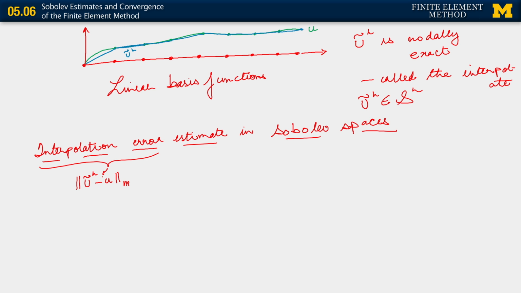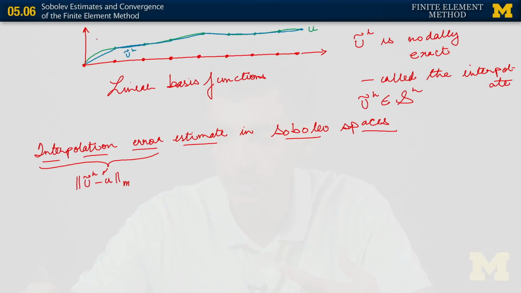And at the nodes you were to hit the exact solution, which is what u tilde h does, right? But then, because of your choice of a finite dimensional basis over the element, you are now interpolating from that exact solution. But since you are interpolating with a finite dimensional basis, you fail to hit the exact solution over an element, right? Most prominently here. Okay? Therefore, this difference that we're looking at is indeed the interpolation error.